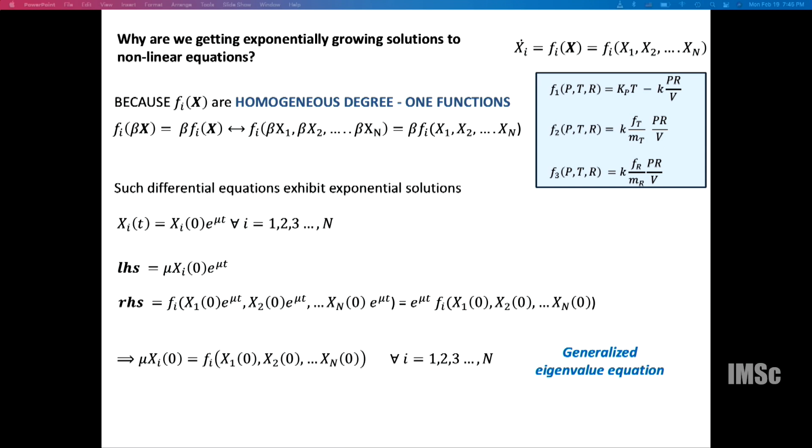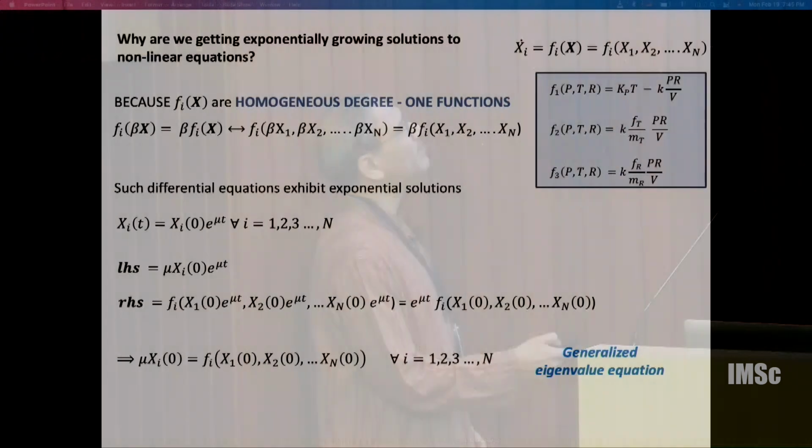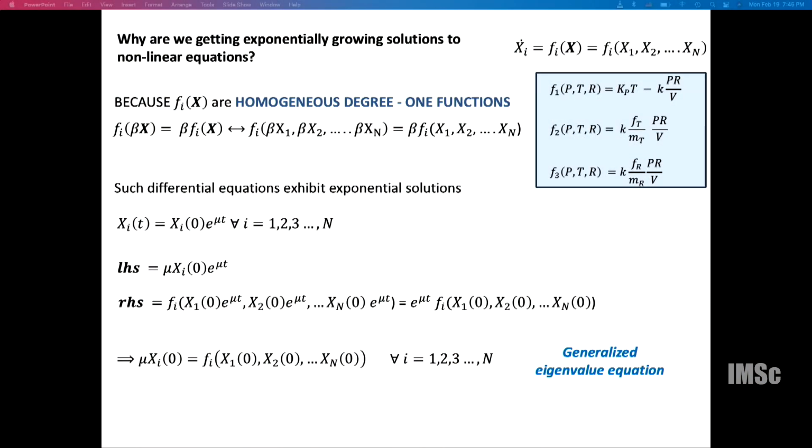The reason is that if you look at these functions F1, F2, F3, which are on the right-hand side of my population dynamics, you will notice that because of my choice of V being linear in the populations, these functions are homogeneous degree 1 functions.